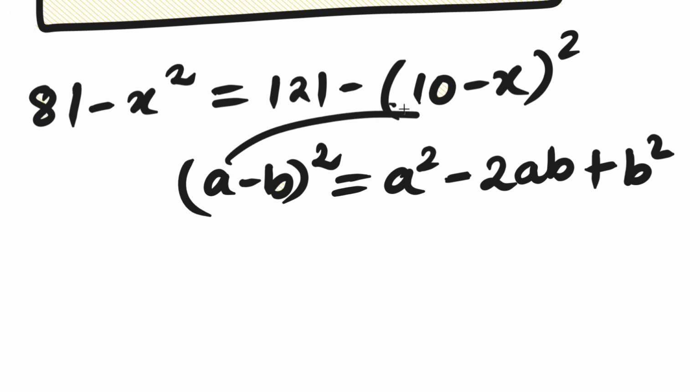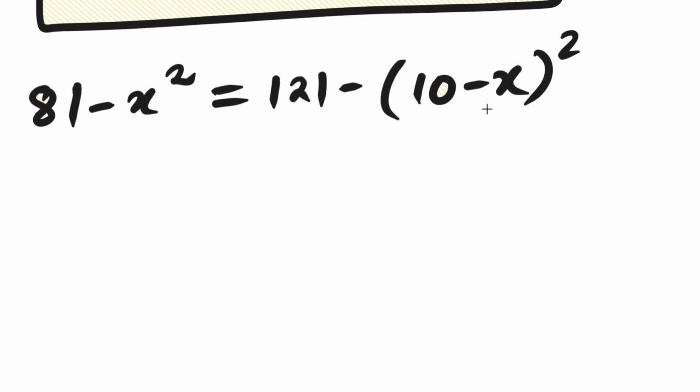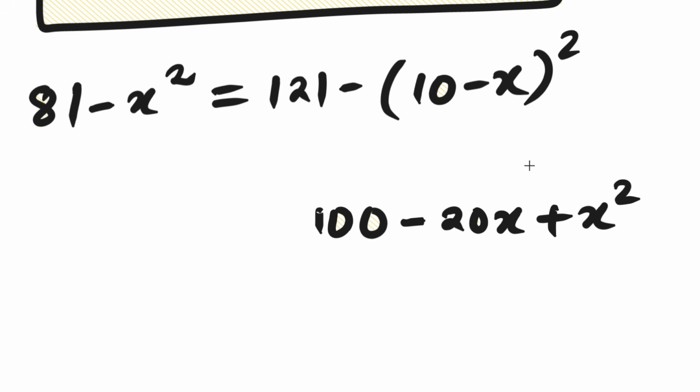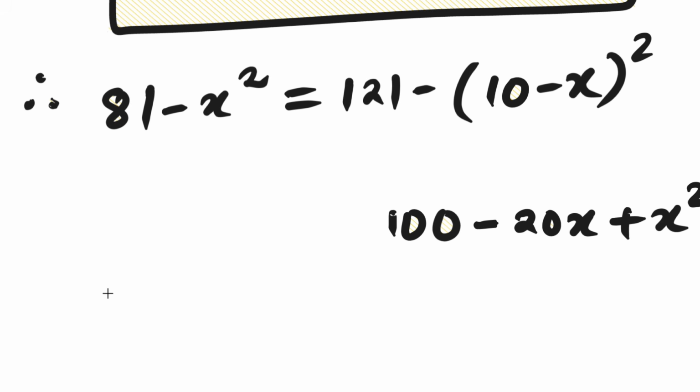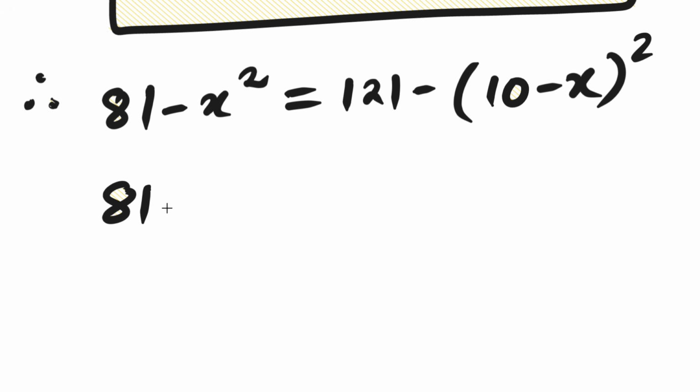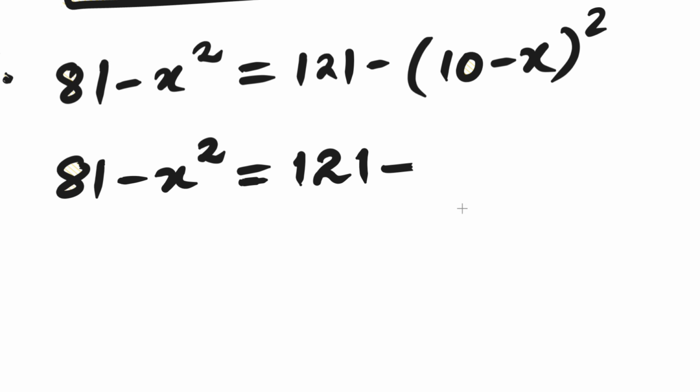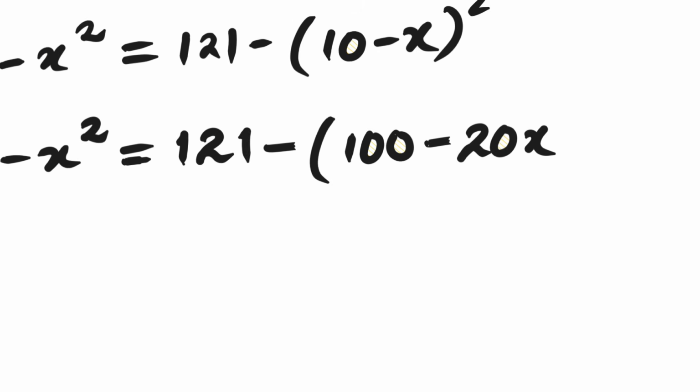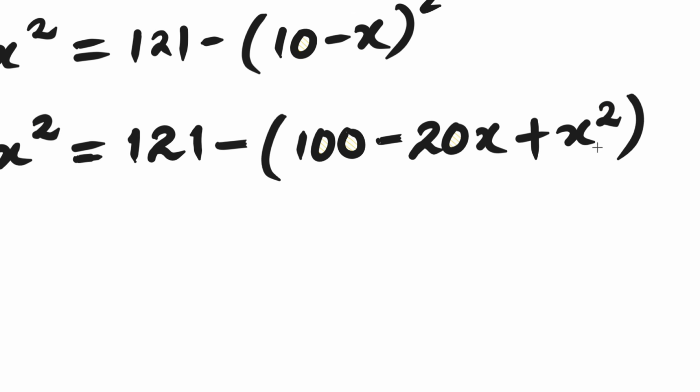Applying that identity here, the quantity 10 minus x, whole squared, becomes 100 minus 20x plus x squared. So our equation becomes 81 minus x squared equals 121 minus the quantity 100 minus 20x plus x squared.